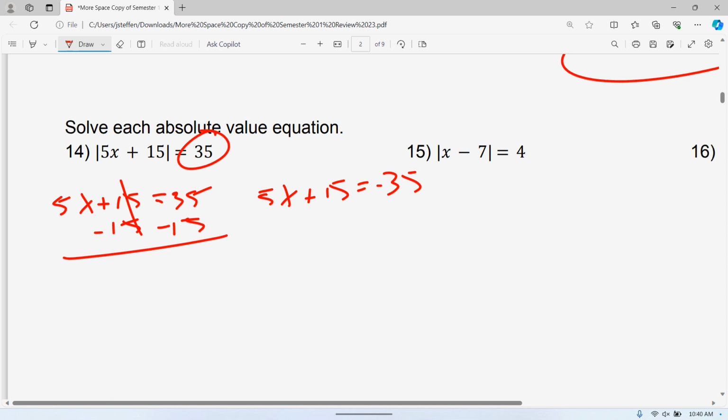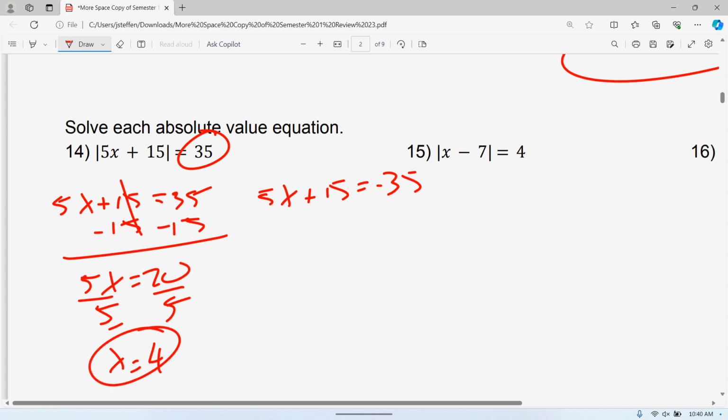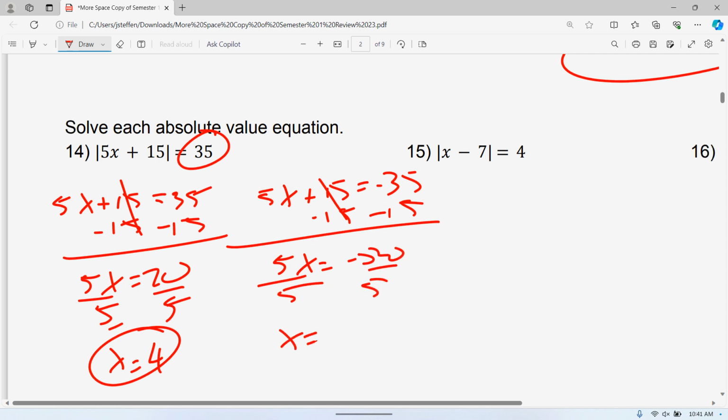So 35 minus 15. Same thing over here. Is equal to -10.